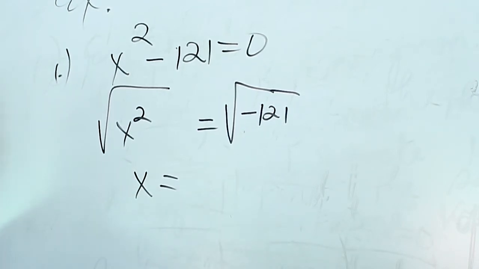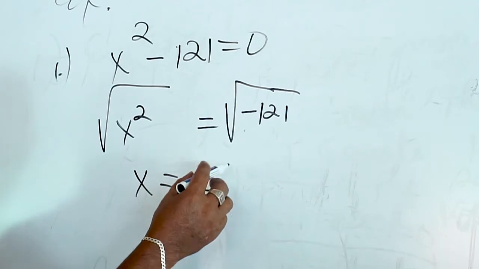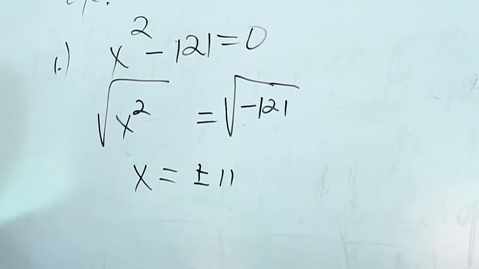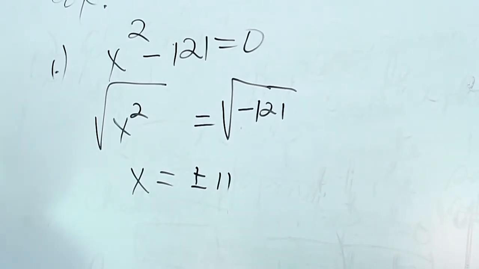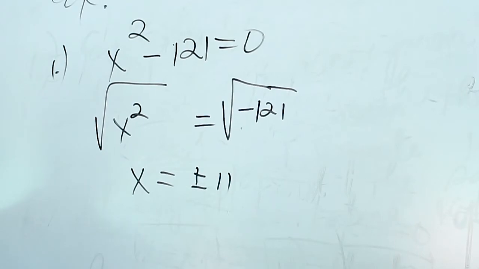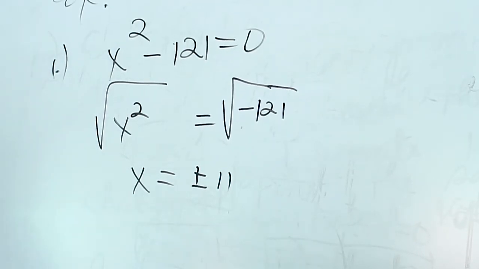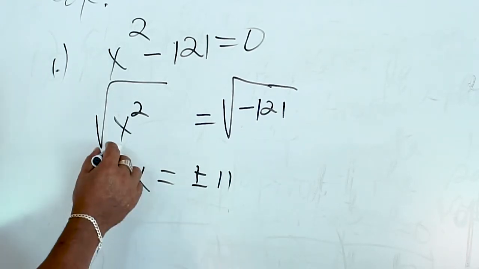Then the square root of 121 is positive and negative 11. You might be confused why we have positive and negative. In the quadratic equation, we have two solutions. The first solution is positive 11, and the second solution is negative 11.